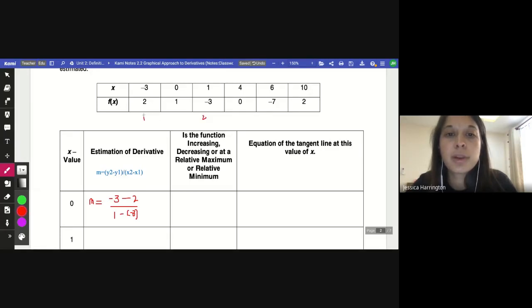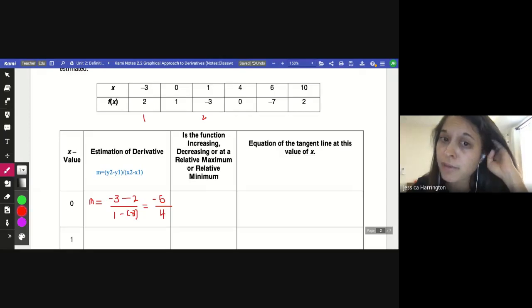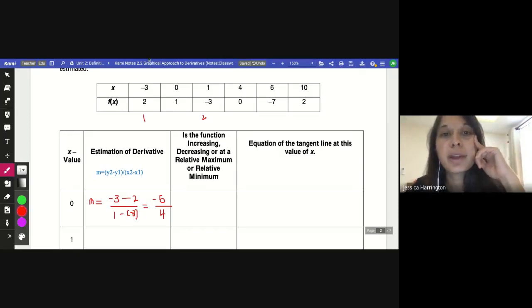And this point as my point number 1. So 0 is within that interval. And so now when I do my arithmetic, -3 minus 2 is -5 over 1 minus -3, which is just 4. So my estimation of the derivative is -5 over 4. I'm estimating that the slope of the tangent line at x equals 0 is negative 5/4. So is the function increasing, decreasing, relative min, or relative max, right?